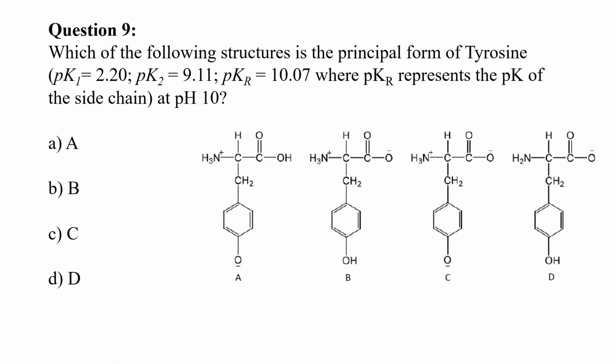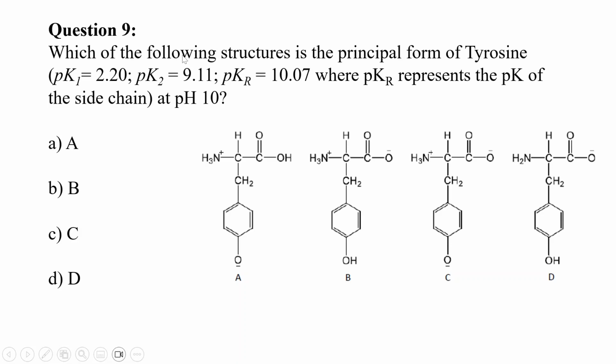Before 7 it is acidic, after 7 it is basic. In an amino acid we all know the carboxylic is the acid group and the amino group is the basic group. So pK1 is the pK value for the carboxylic group since it is acidic, pK2 is the pK value for the amino group since it is basic, and pKr is for the R group.